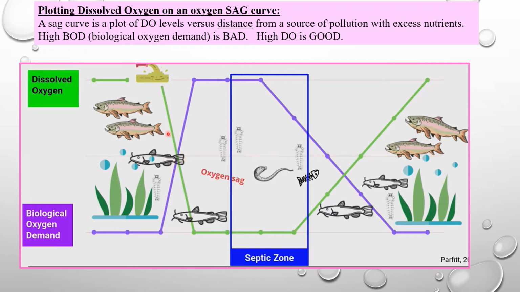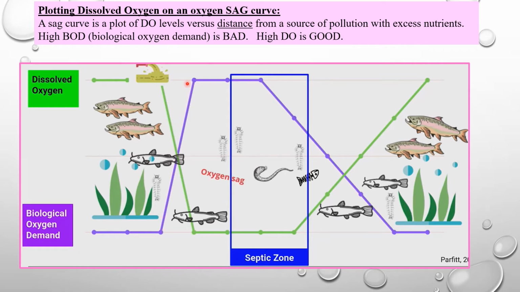When those bacteria decompose the dead plants, they are using all the oxygen out of the water, and therefore the dissolved oxygen level is decreasing. Those bacteria taking all the oxygen out so they can metabolize is called biological oxygen demand. They're demanding more oxygen.